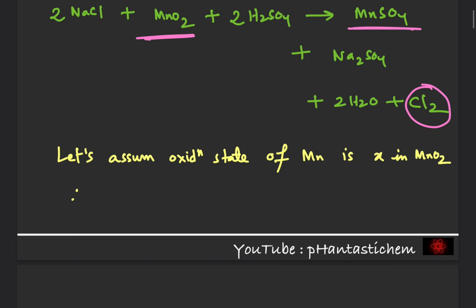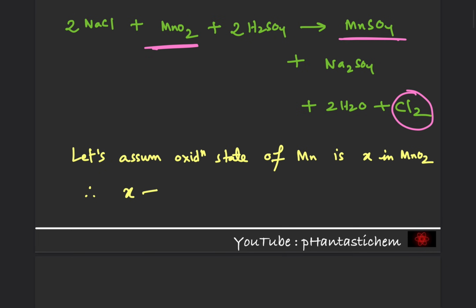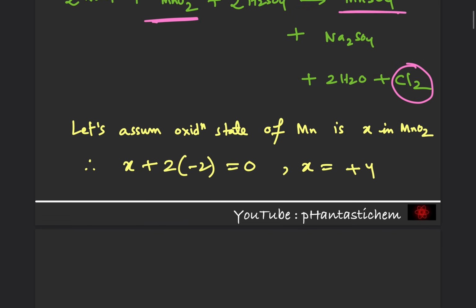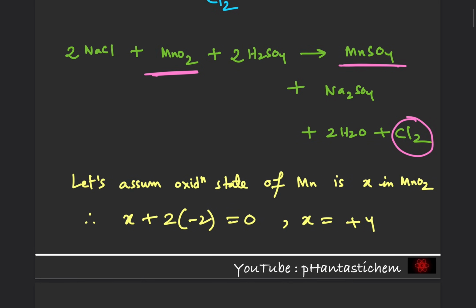Therefore X plus 2 into minus 2 will be equal to 0. This minus 2 is the charge of each oxygen, and this 0 is the total charge, and we will get X is equal to plus 4. So the oxidation state of Mn in MnO2 is plus 4.